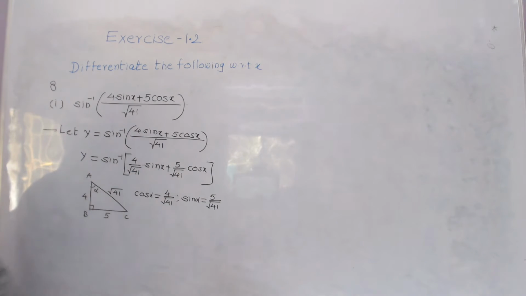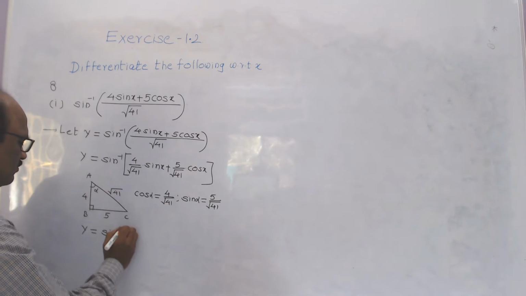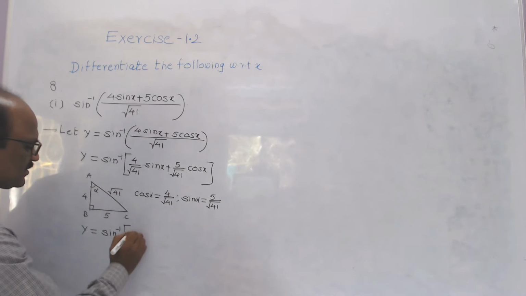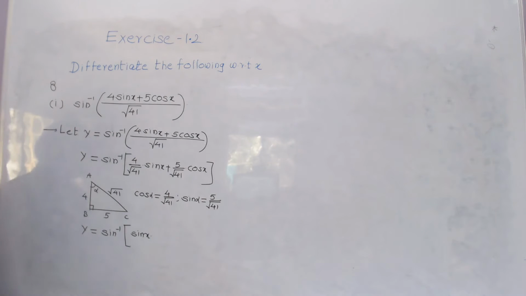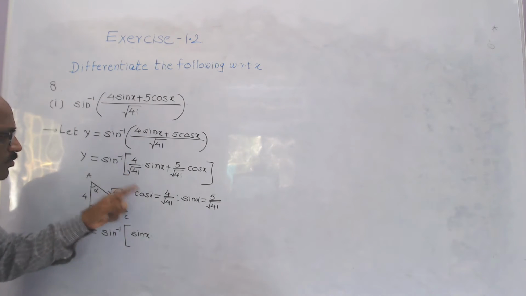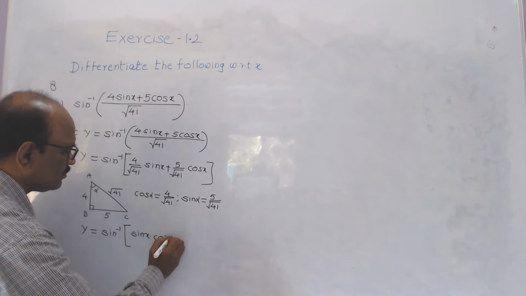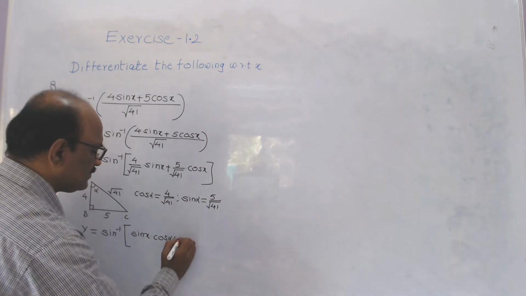Now we will substitute these values, then you will get here y is equals to sin inverse of, I will write here first sin x into 4 upon root of 41, this is nothing but cos of alpha, plus cos x.